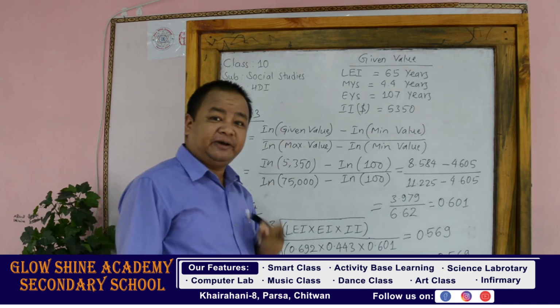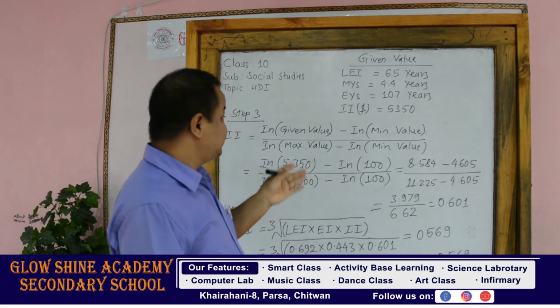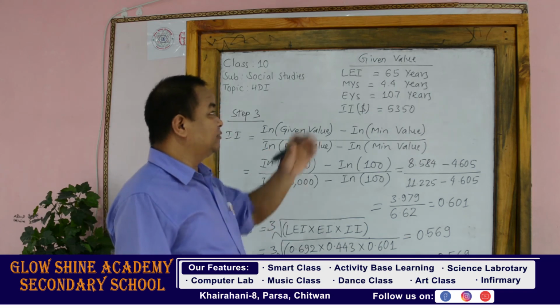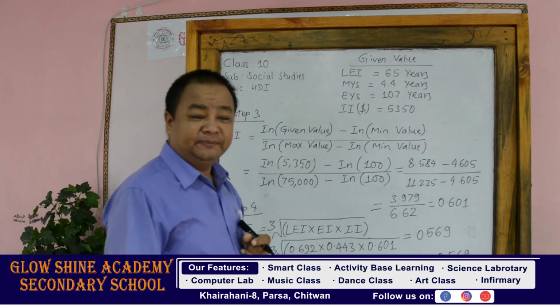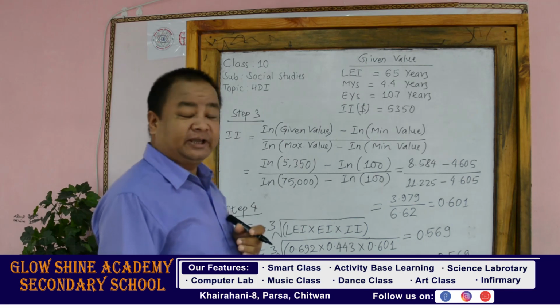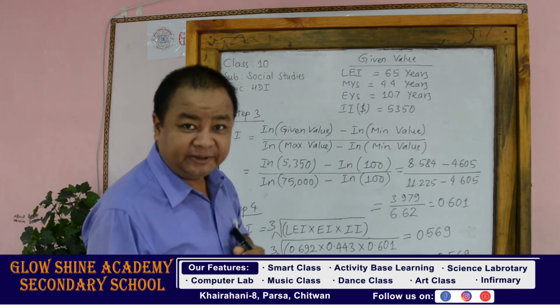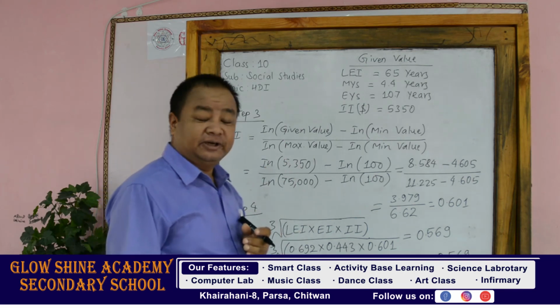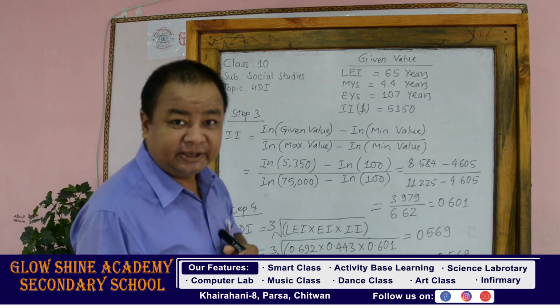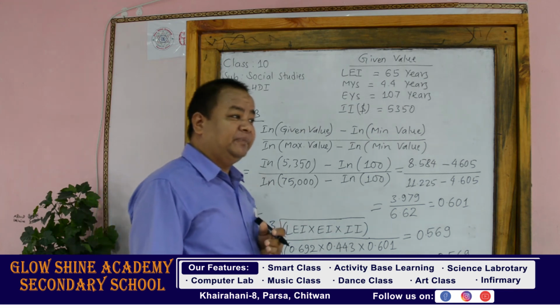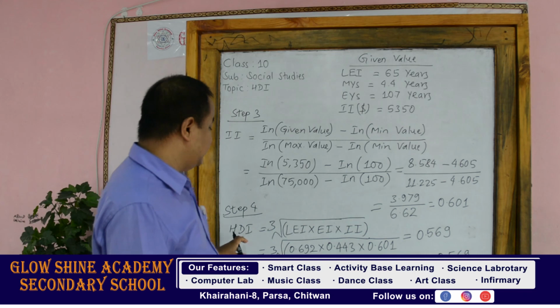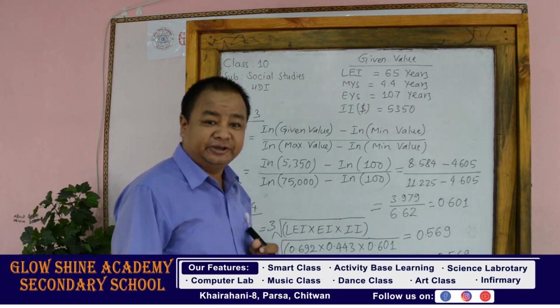There are 4 steps: first step is calculation of LEI, second step is calculation of EI, third step is calculation of II, then last step is calculation of SDI of the country.